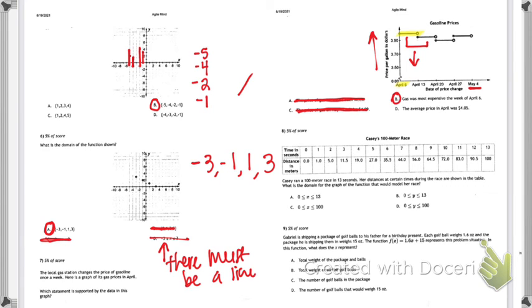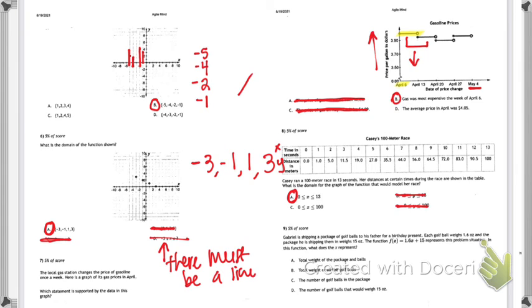Well, we know domain is X. So we can cross out B and D because it has a Y. Now, notice that her distance in meters is dependent upon the time, which would make my time the independent and my distance the dependent. I can't go the distance without the time. So I have to have the time first in order to go on these long distance runs. Okay?